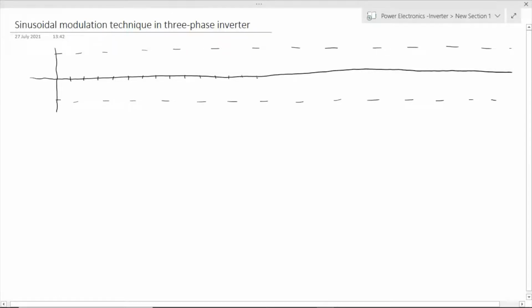So you can just practice this in your copy. We will draw our triangular pulse. Okay, so it goes like this.